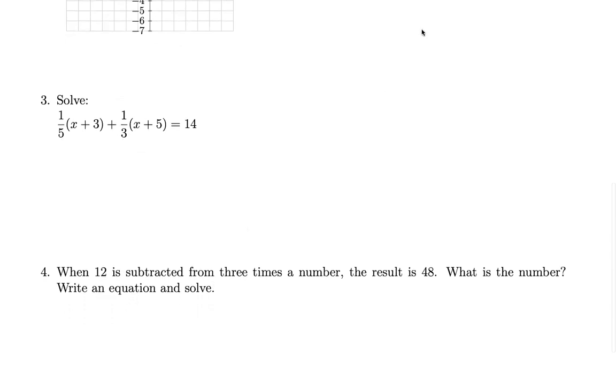For 3, we want to solve these linear equations. There are different ways of solving these equations. What I would do is get rid of this 1/5 and 1/3. So how do I get rid of them? I want to multiply everything by 15, because the least common multiple of 5 and 3 is 15.